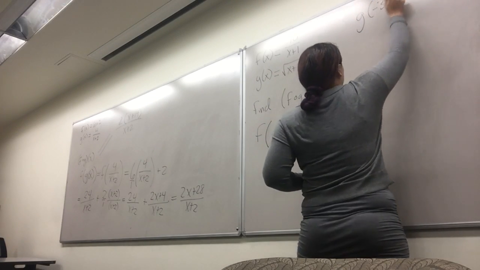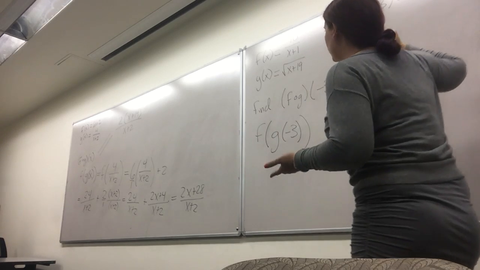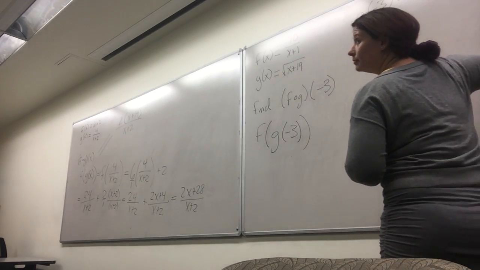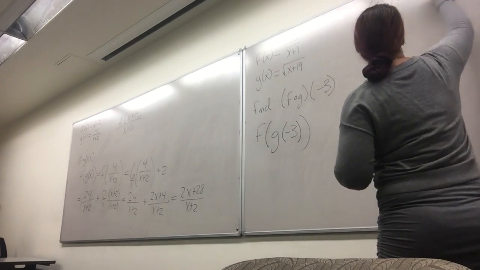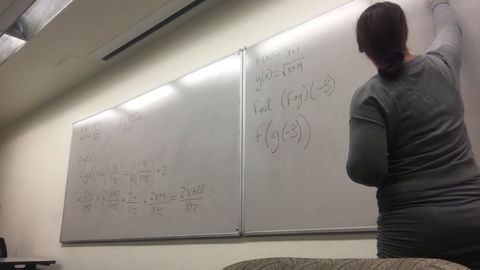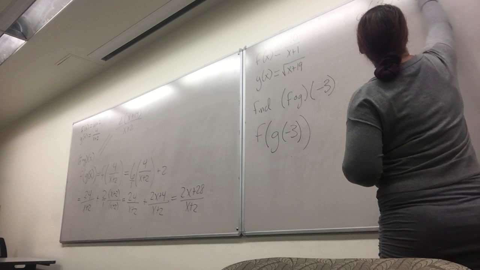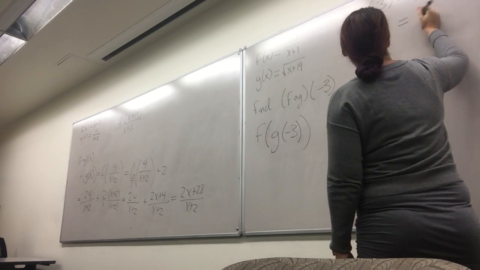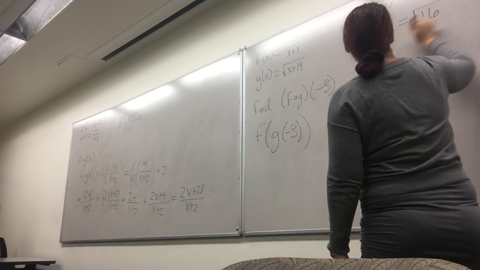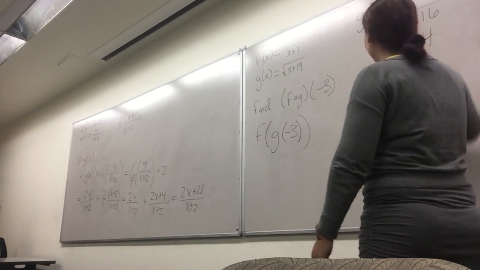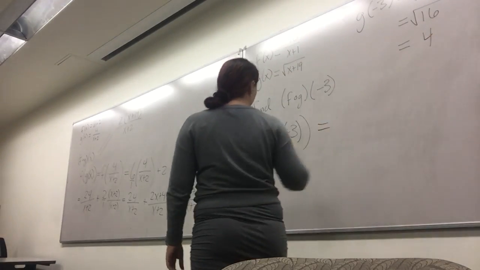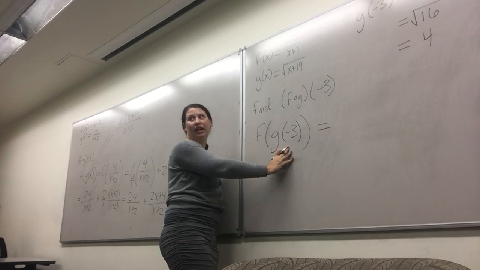g of negative 3 equals, what do we do? The square root of, yep, negative 3 plus 19, which equals 16. The square root of 16, which equals 4. Yay, 4. Okay. Now what? So now we know that g of negative 3 is 4, right?